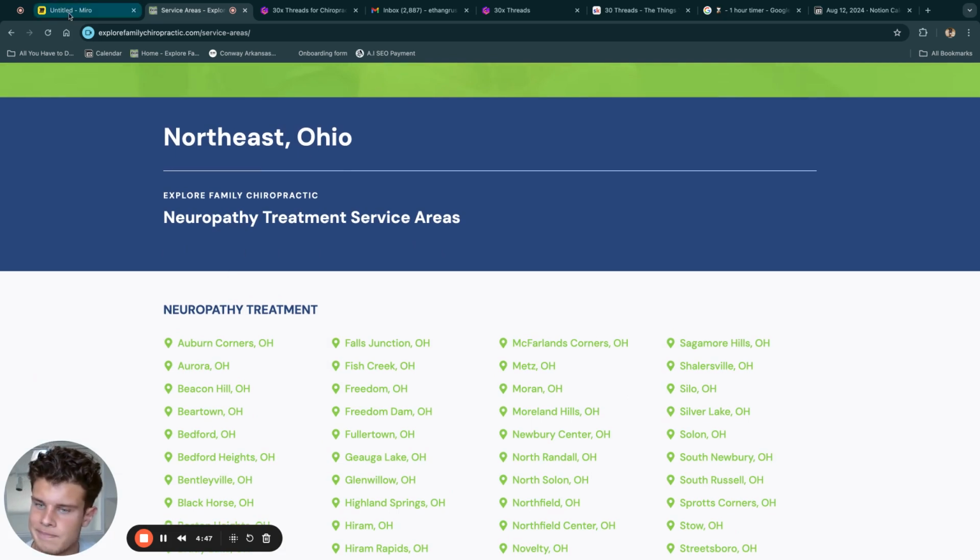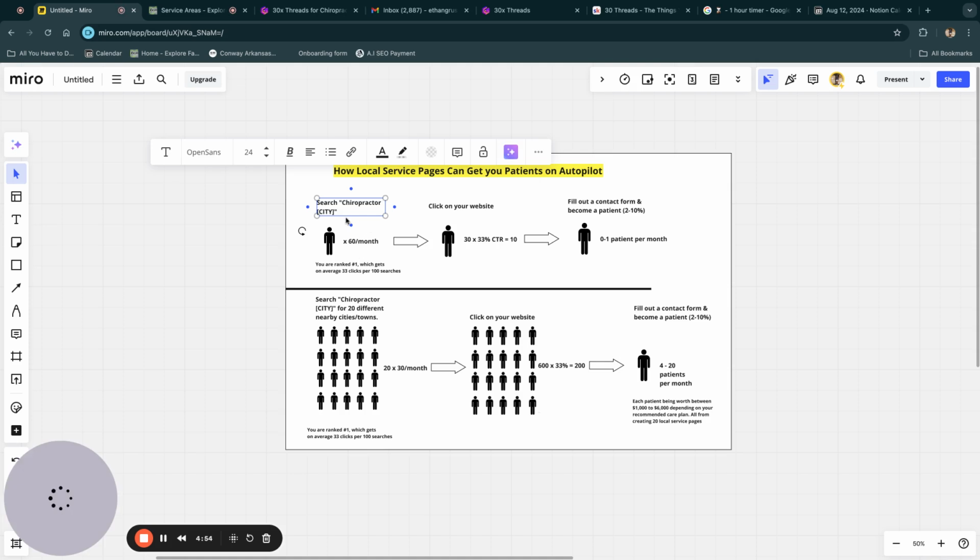Now let's say, give or take, that neuropathy treatment is a lot lower, so the search term isn't as much.